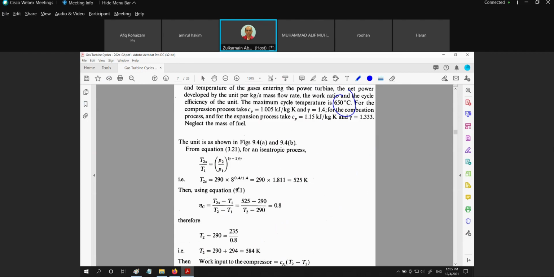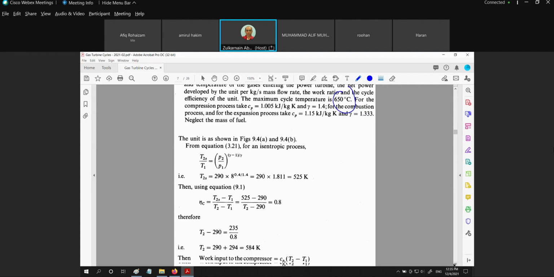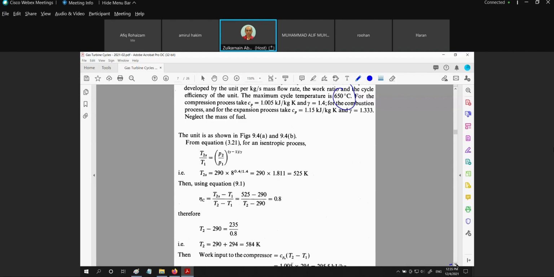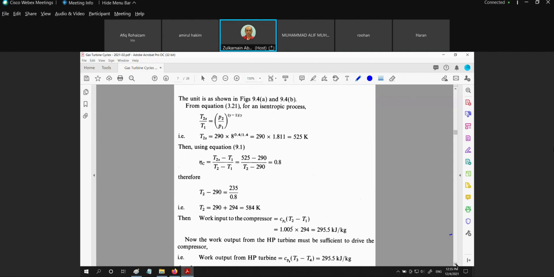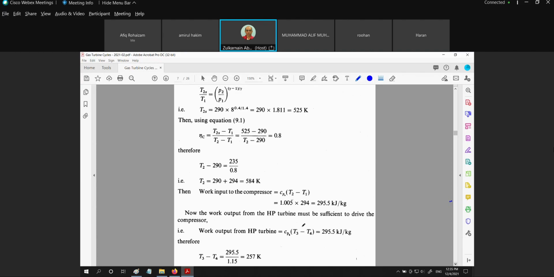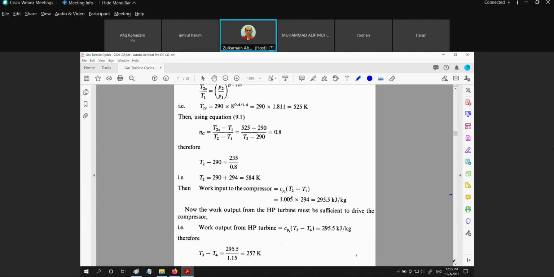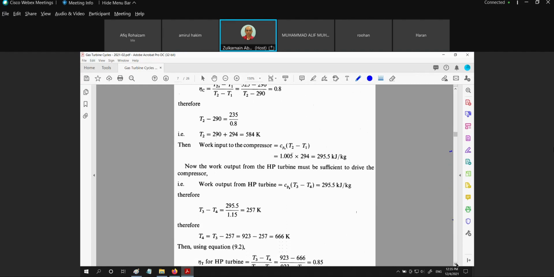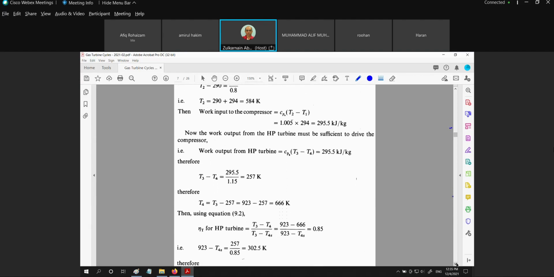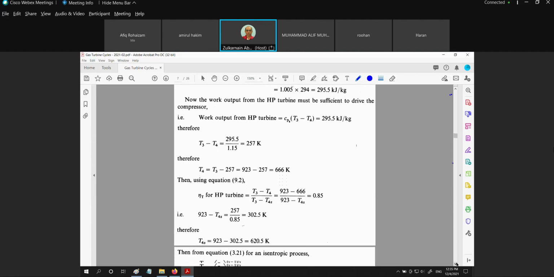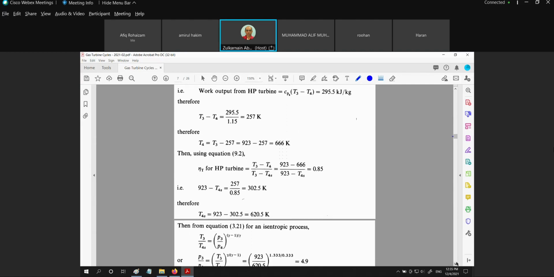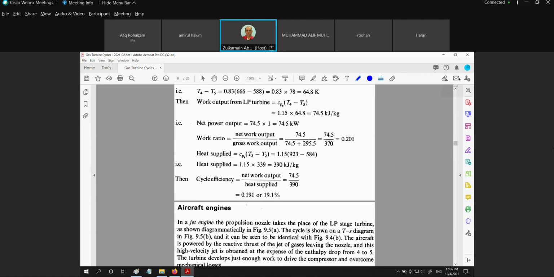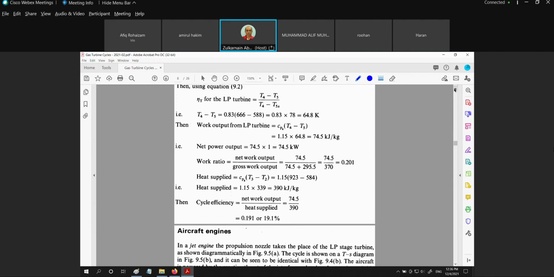Get your T2 using the isentropic efficiency. Then the work output for the compressor is equal to the work output for the turbine, same value. Then you use your isentropic efficiency to get your T4, then we get the T4S.